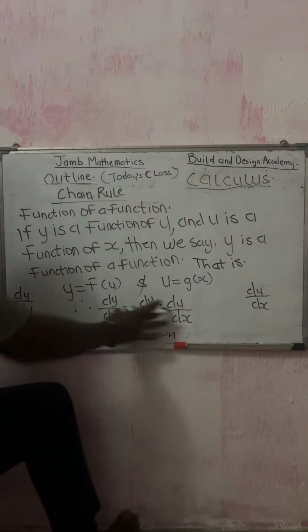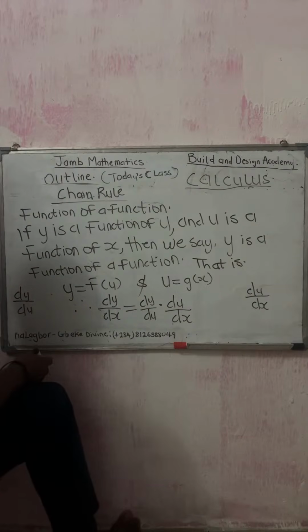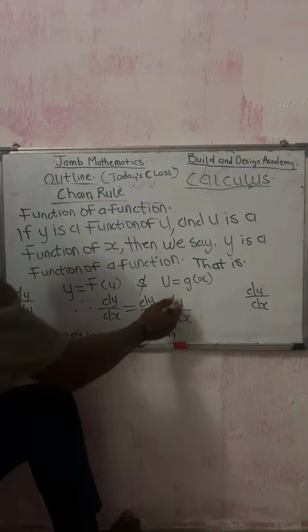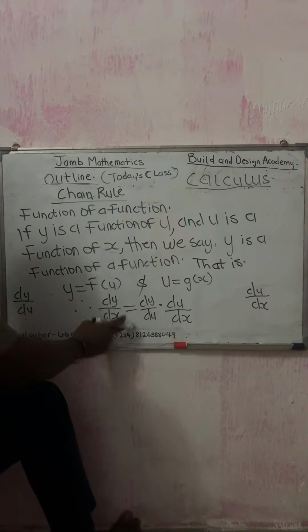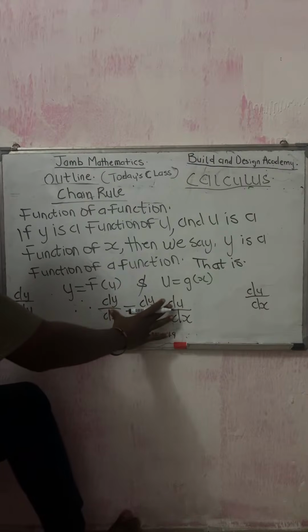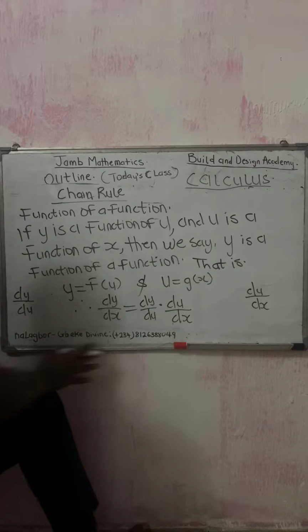This is the formula for the chain rule. If you observe closely, since you are multiplying them, if you cancel out the du terms, we will be left with just dy over dx, and it equals dy over dx. So this equation is correct.